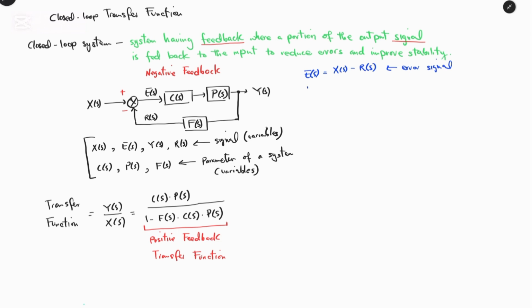And we can have the R of S, which is F of S dot Y of S, and we can say that this is nothing but the feedback signal. And remember that X of S is the input signal and Y of S is the output signal.